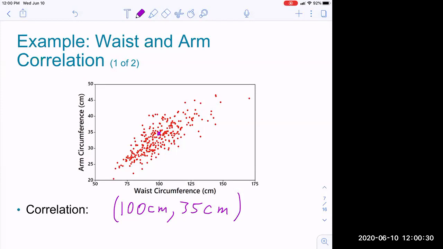Now, this is pretty strong correlation because if I was to fit a regression line, it would kind of go through there. It's the line of best fit, and all the dots are pretty much around the line.